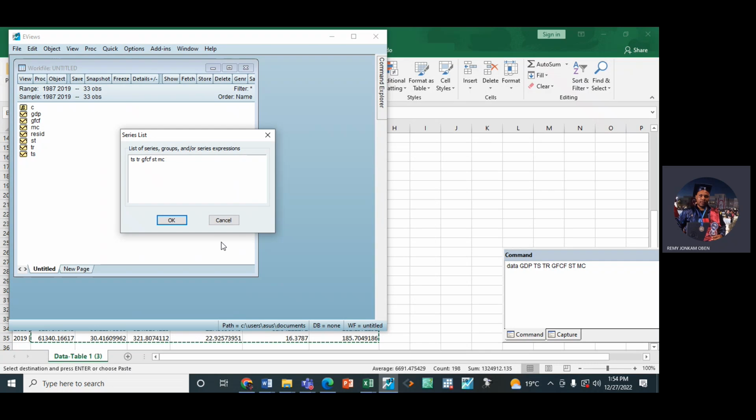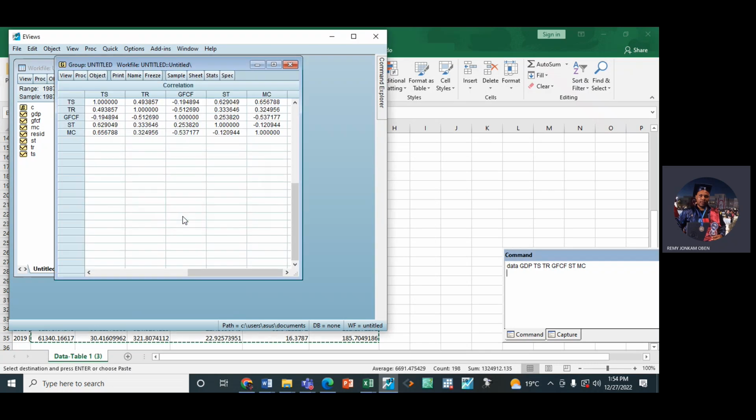I don't include GDP. And if I press enter, I get the correlation matrix only for the regressors. Then you can interpret your results. Okay, no correlation coefficient is above 80%, therefore there is no multicollinearity. But if you find at least one above 80, it means there is multicollinearity. Again, like I told you, it's good to perform more than one test to confirm your results.